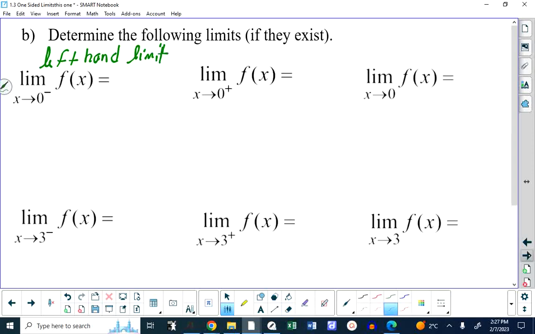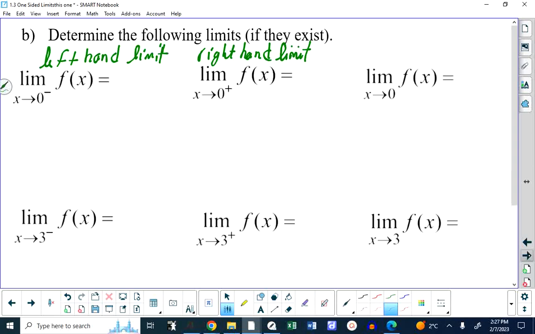And you'll notice the limit to the right of that, where it says the limit as x approaches 0, has a positive for a superscript. This is the right-hand limit. And we read these a certain way.